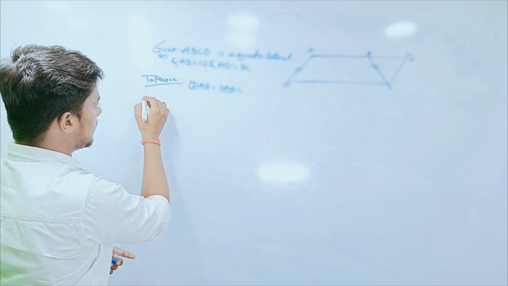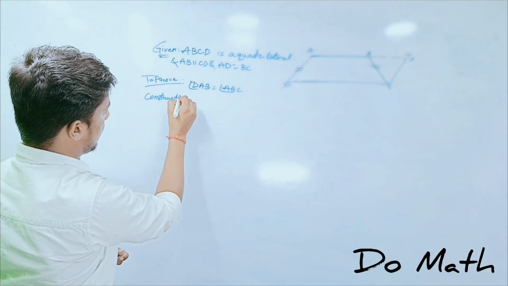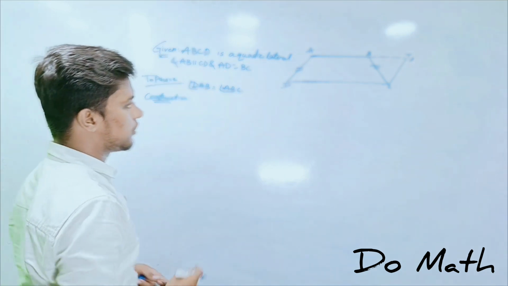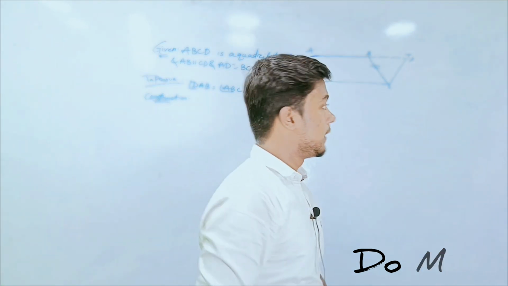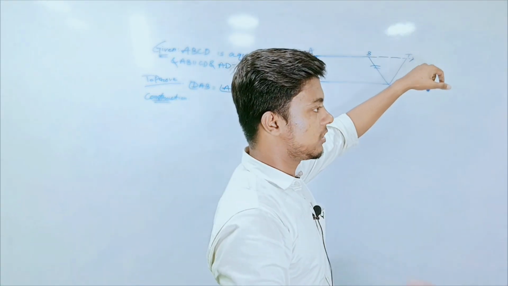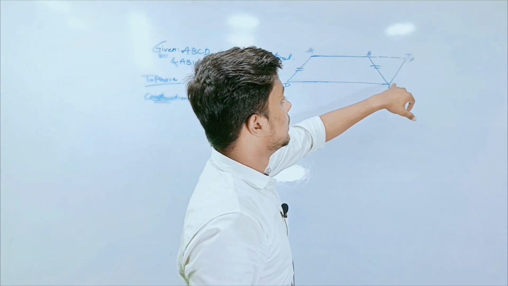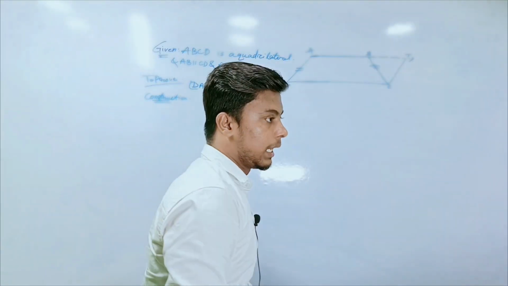For proving this, we took the help of construction. Write the construction in a proper statement: here we should extend AB and take a point T such that by joining CT, it will be parallel to AD.